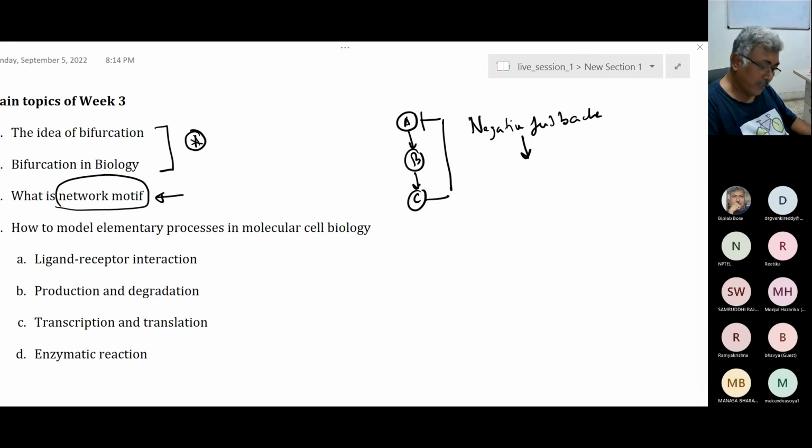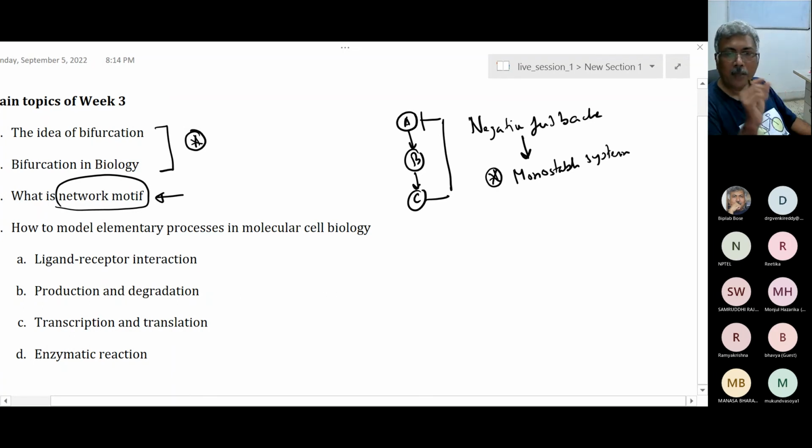What are those? Negative feedback can give rise to a monostable system. What do I mean by that? If you have paid attention to our lectures on stability of steady state, then monostable means the system will have one steady state and that is stable. So negative feedback gives rise to a monostable system, or it can also give rise to oscillation.